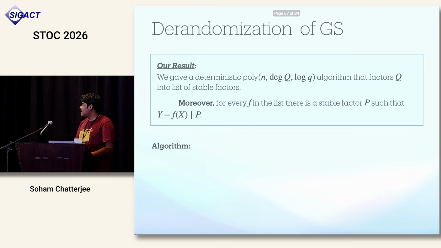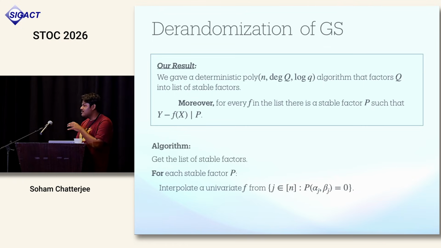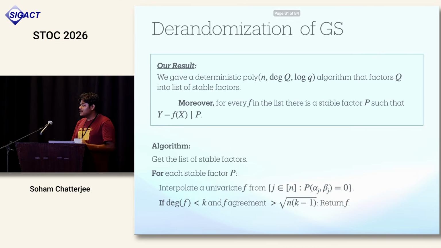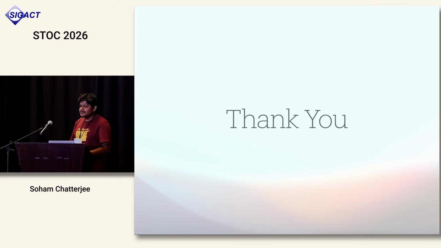The algorithm is: get all the stable factors, go over them, find where the polynomial is 0 on the received word, and interpolate. That's how you list decode. So yeah, thank you.